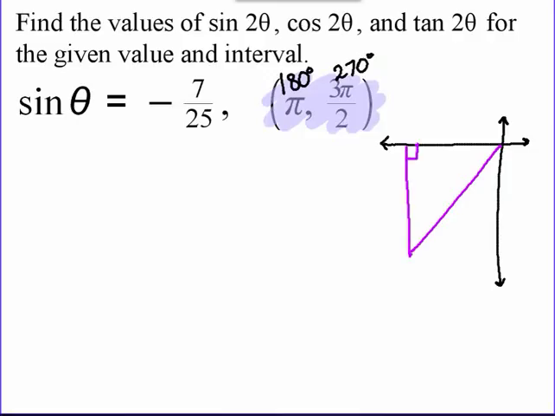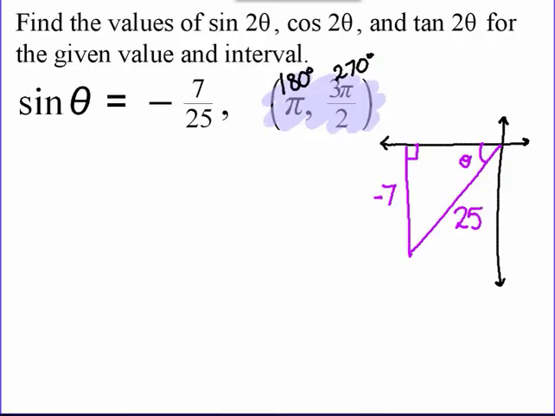And now I need to draw a triangle in which sine is negative 7 over 25, and I can't forget the negative as well. So if this is theta, sine is the what side? Opposite over hypotenuse. Which one is negative? 7. So now you need to use the Pythagorean theorem to find the remaining third side.